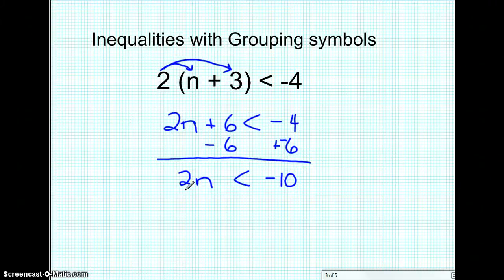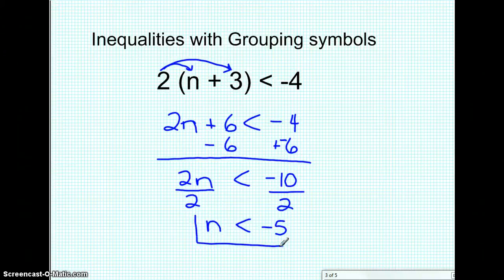Alright, now it's time to get the 2 off of this side, and I'm going to use division for that. I'm going to divide this side by 2, and I'm going to divide this side by 2. Again, I've divided by a positive number, so there's no need to reverse the sign. I'm just going to keep my less than sign there. This side is going to give me n, and negative 10 divided by 2 is going to give me negative 5. So my solution for this inequality is n is less than negative 5.